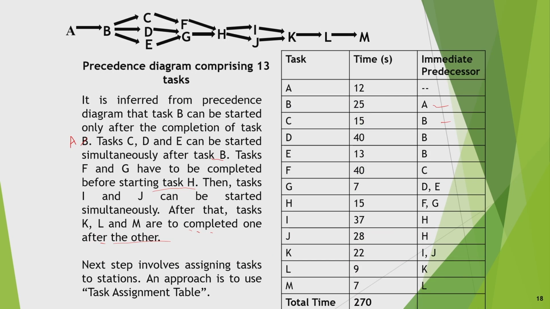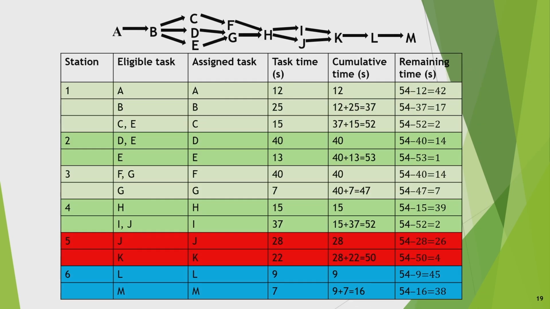We have only a cycle time of 54 available to us, and we are making the stations. Let us say minimum 5 stations we have to make. So let me make one station, and here we see what the eligible tasks are. The eligible task first is only A, because you cannot do B before doing A. So assign it, and it takes 12 seconds.